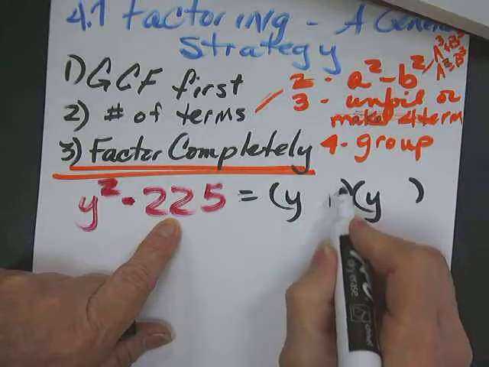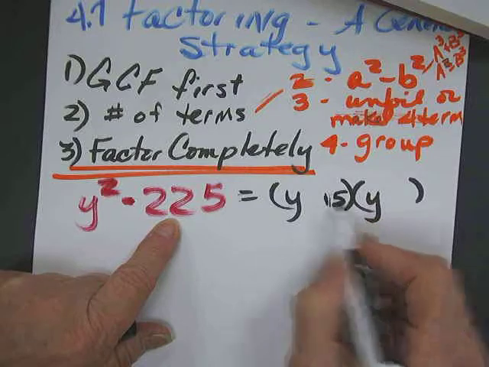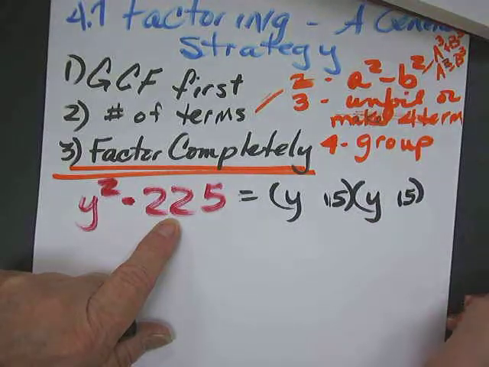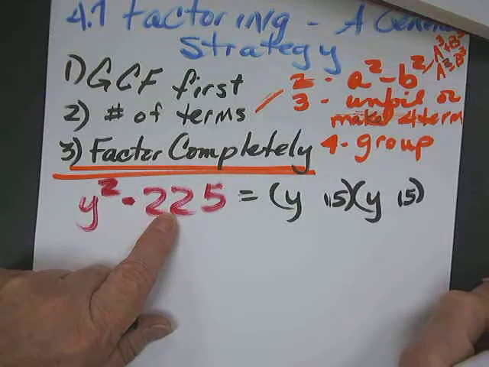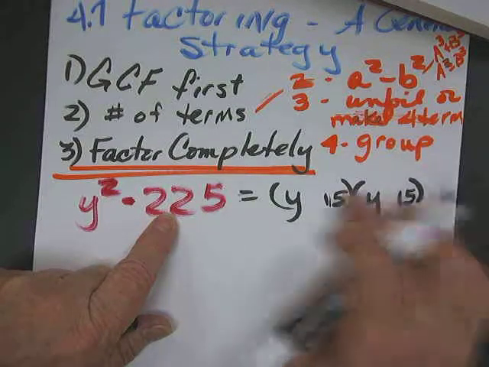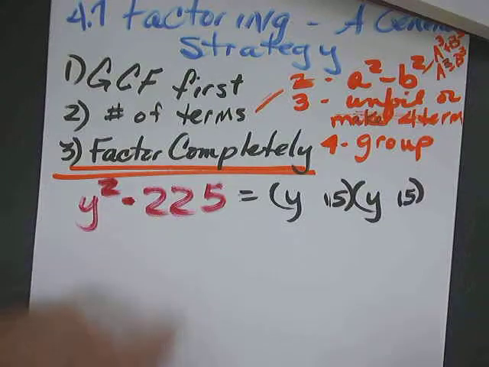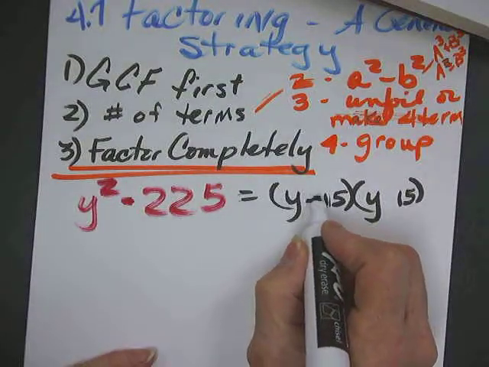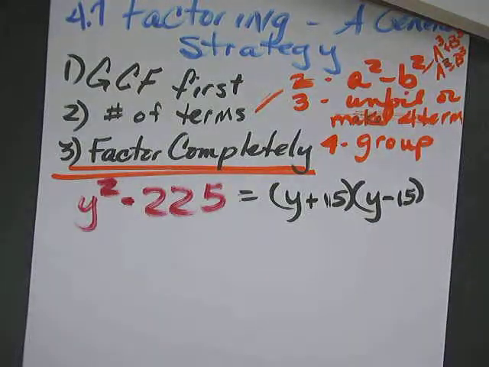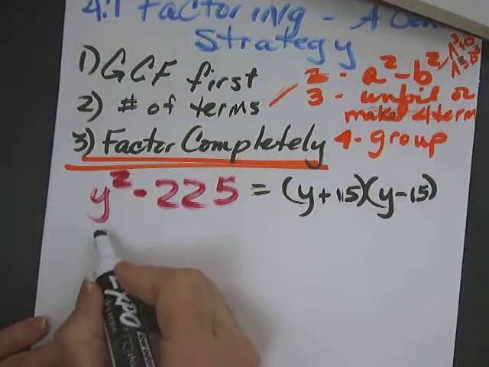What times itself is 225? 15. If you don't know that, how can you figure it out on a calculator? Put in a square root. Square root of 225 will give you the 15. Okay, what are your signs? Plus and minus, right? Positive and negative.